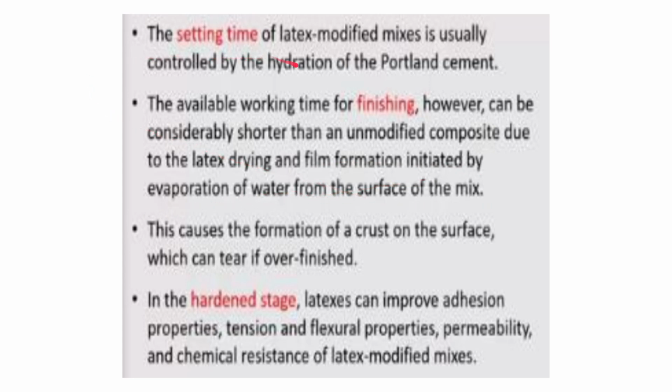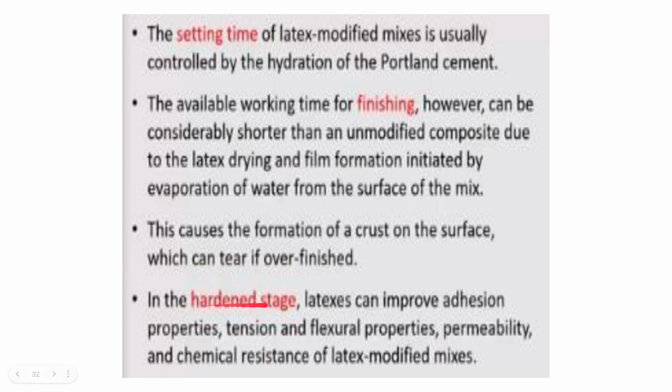Although the setting time is related to the cement hydration, the available working time for finishing is less, because there are new phenomena, such as latex drying and film formation, which is initiated by water evaporation from the mix surface. So this causes the formation of a crust on the surface which can tear if overfinished.